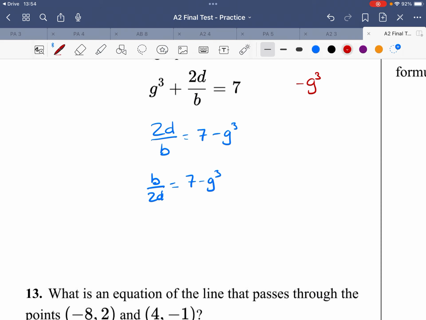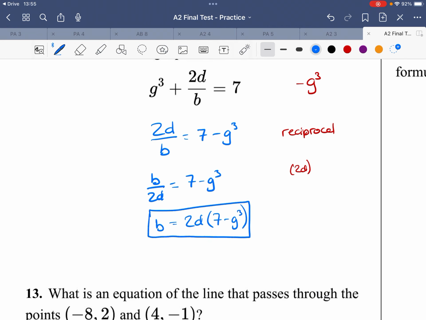I could write here, reciprocal. And now I can multiply both sides by 2d, so that b would be by itself. In this case, b equals 2d multiplied by 7 minus g cubed. And that's going to be our answer.